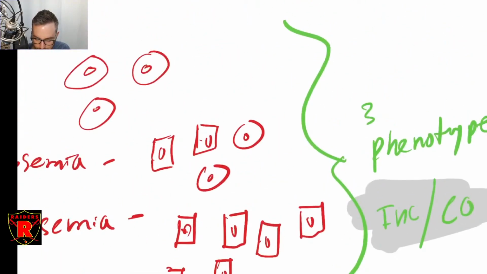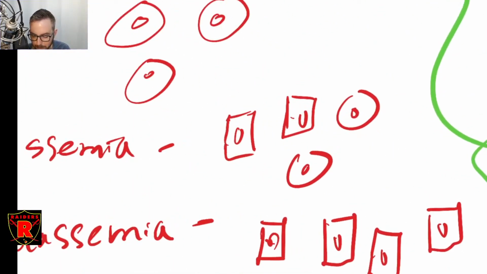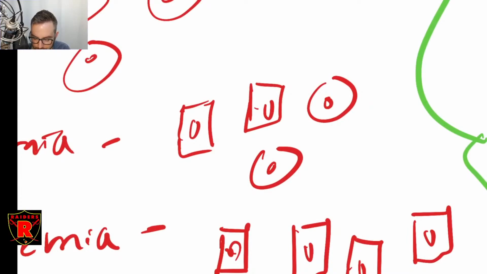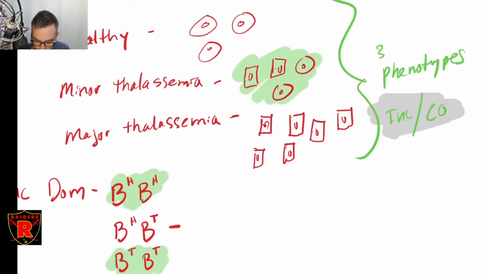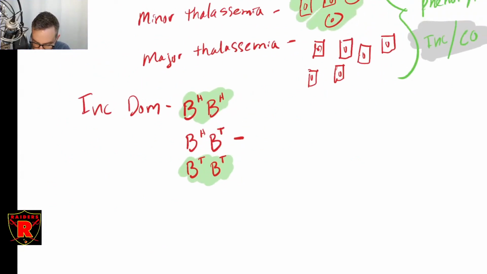So when you look at what actually is happening here in minor thalassemia, is every single cell expressing some thalassemic allele and some healthy? Or the alternative here would be... so this would be... I better actually write down what I'm saying here.